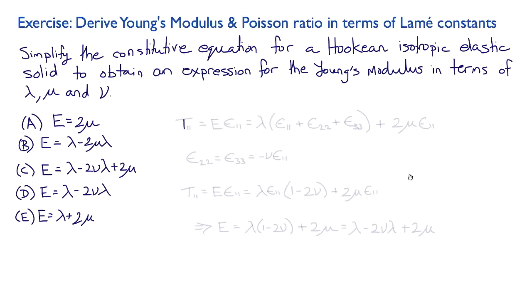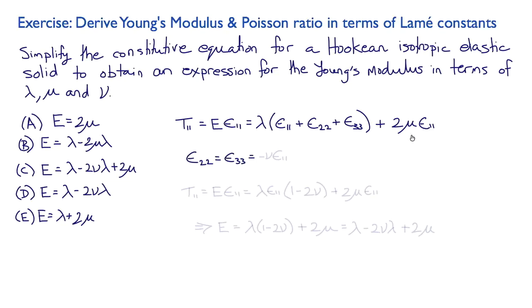So let's start by writing an equation for the special case of uniaxial tension, which would be T11 equals E times epsilon 11 by definition of E, which from the constitutive equation for the Hookean elastic solid will be lambda times (E11 plus E22 plus E33) plus 2 mu times E11.